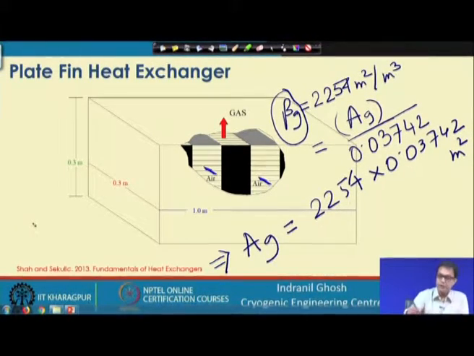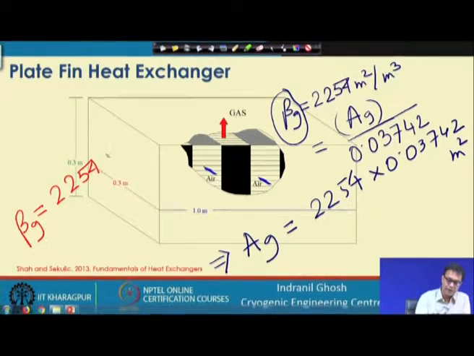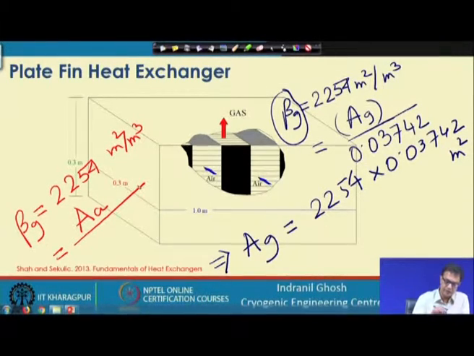Now, similarly, for the air side, the same type of fin is there. So, it is again 2254 meter square per meter cube, and that is equal to A of the air side divided by the volume between the plates we have calculated, which is slightly different for this one, 0.03765.